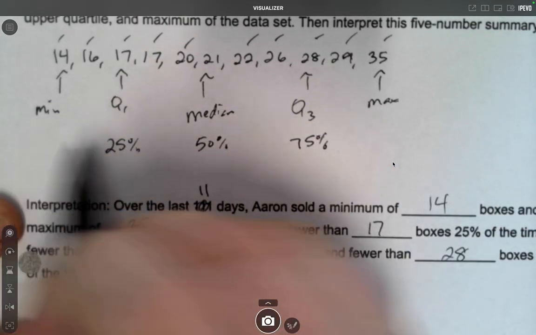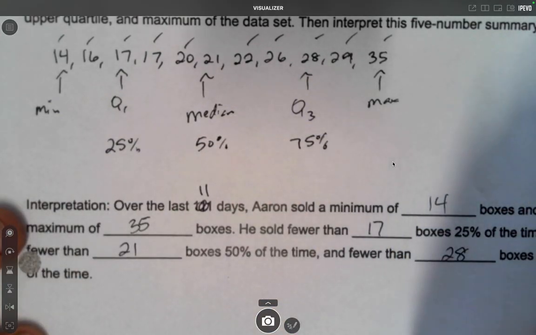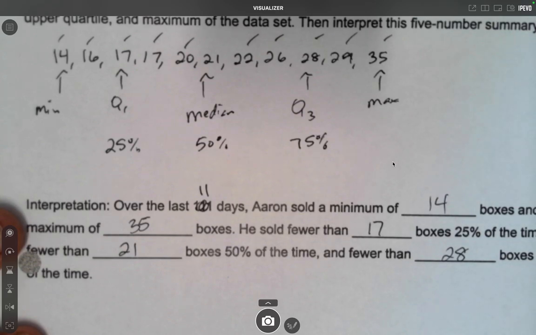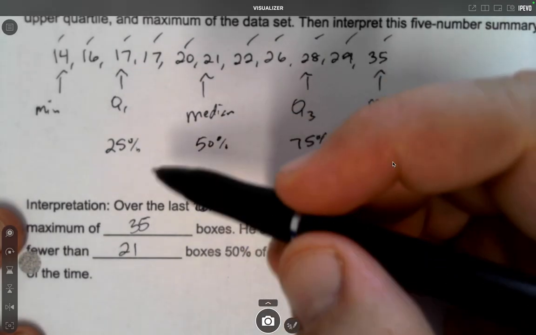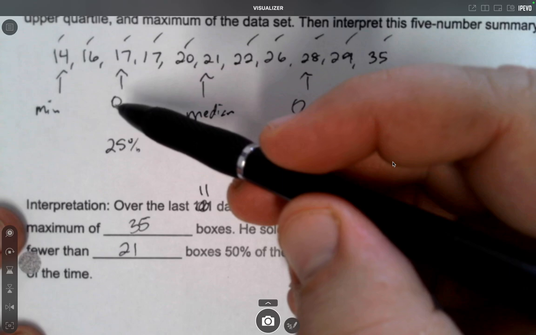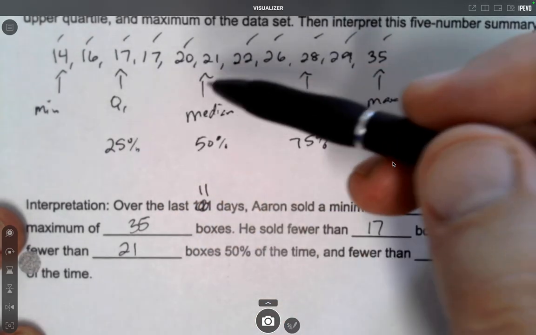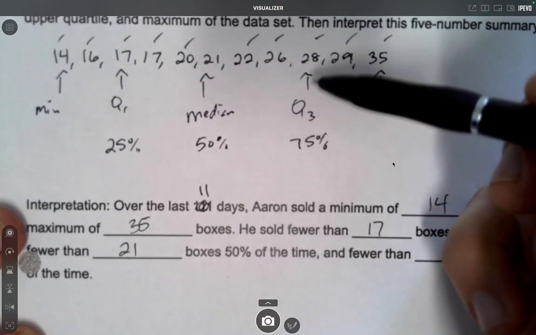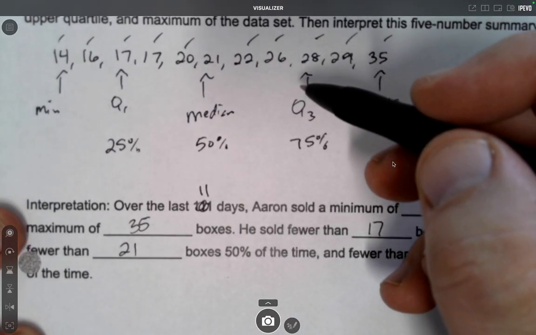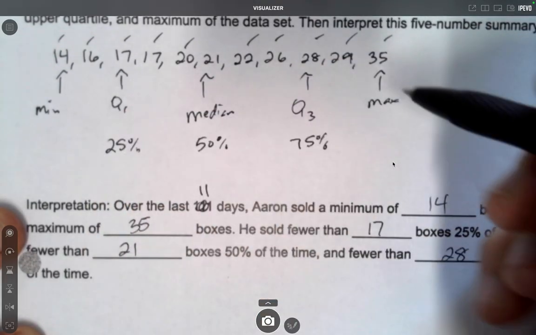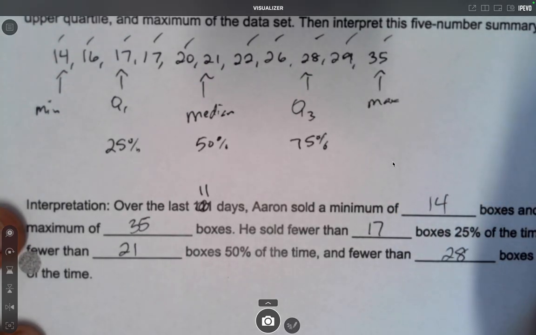You could call this the 0 and the 100, but our max and min ideas are already pretty clear in our head. So we have the first quarter, 25% or below that, the bottom 50% from the median or below the median, and you could either say the 75% are below the third quartile or 25% are above it.